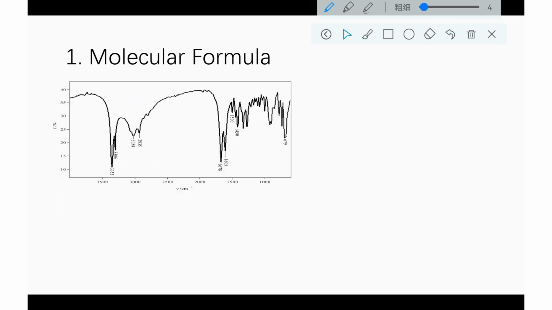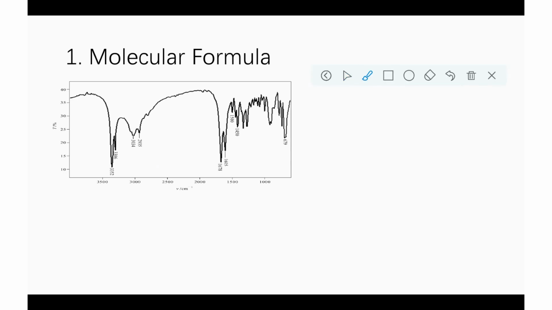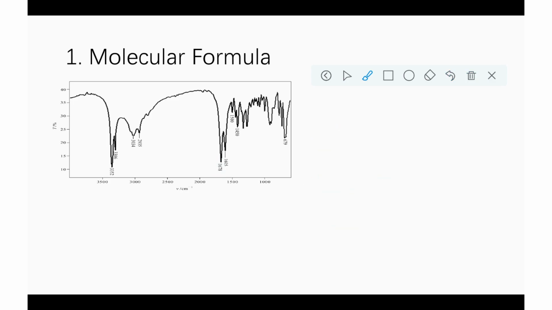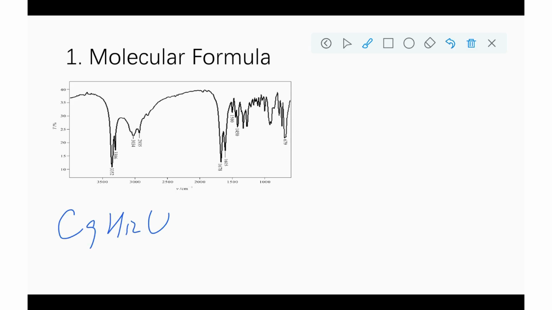And from the IR spectrum, you can see at 1678, there's a very strong peak, and it indicates we have a carbonyl group. So the number of our oxygen is going to be equal to or larger than 1. And we can add up the formula we've gathered right now, and it adds up to C9H12O.